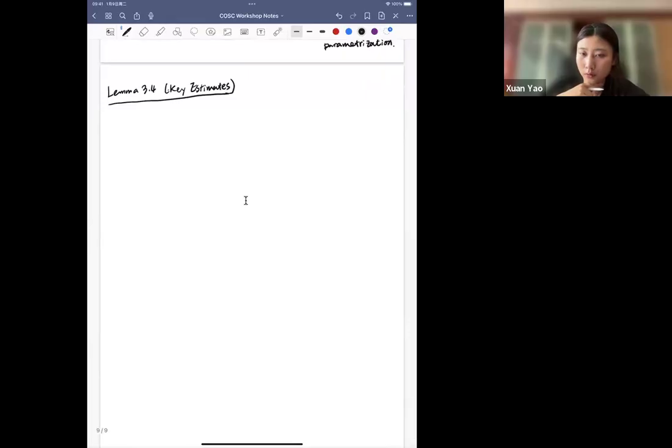So if you apply lemma 3.2 and write everything in parametrization of your gamma, so you parametrize your gamma as gamma A, then by direct computation, you are able to prove that.